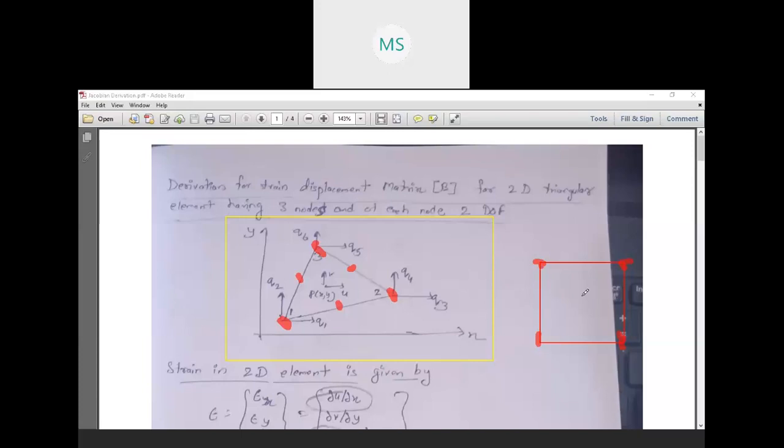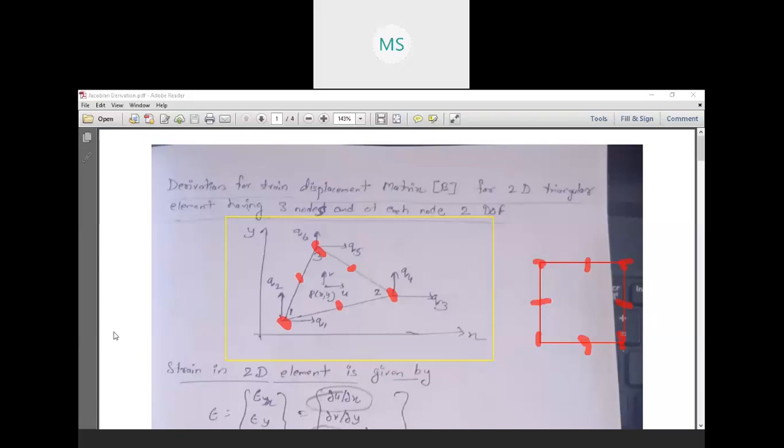So this is the normal 4-noded quad element. If it is higher order, one node comes at the mid of each side. Then it is known as an 8-noded quad element, which we'll see in the higher order elements. So this is the second part of your third module.